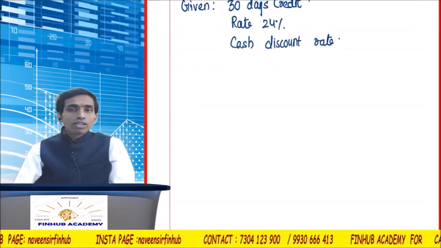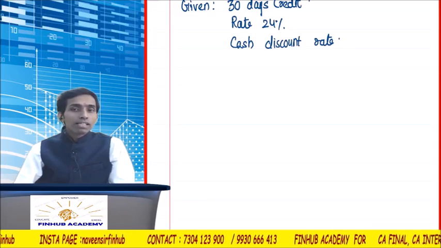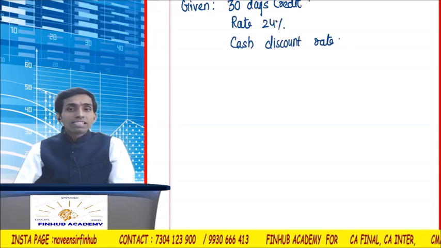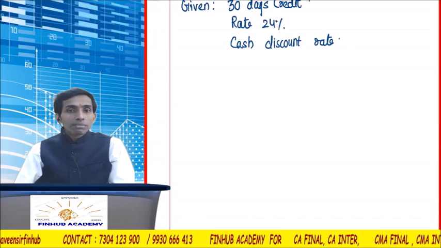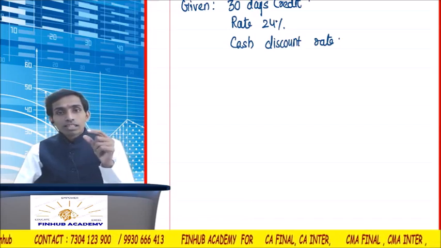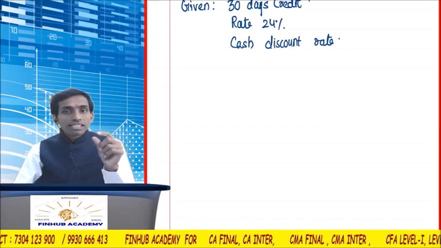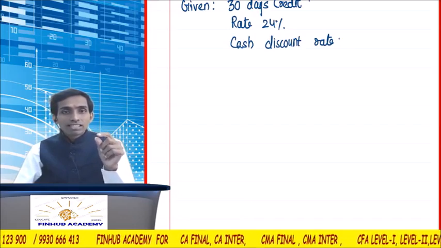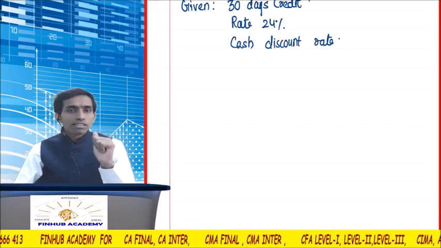Now, first thing, when you are calculating these things, when you take 1 by 12, it is 30 by 360. Please understand, because it is interest, obviously 5 days will also be considered.